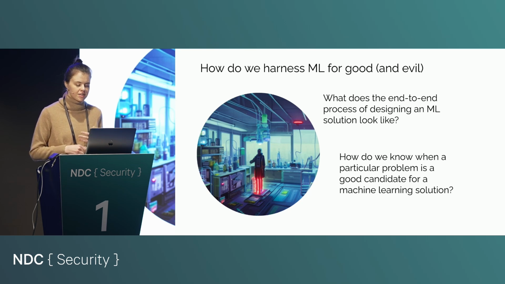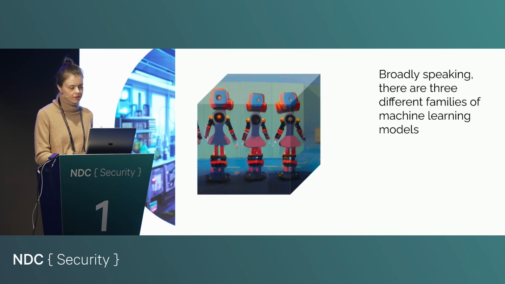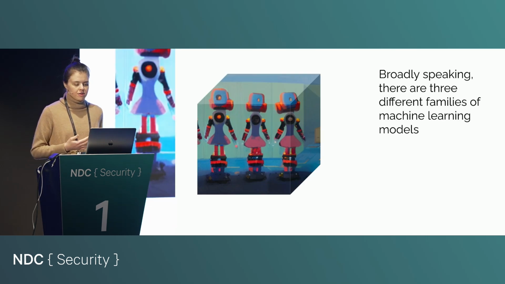And I think it's important for yourself to develop some kind of intuition about when a machine learning model would be a good solution and when it simply is not. Okay. But in order for us to develop an intuition about how to solve security problems with machine learning, we first have to take a brief look at the 3 different families of machine learning models that are currently being actively researched.